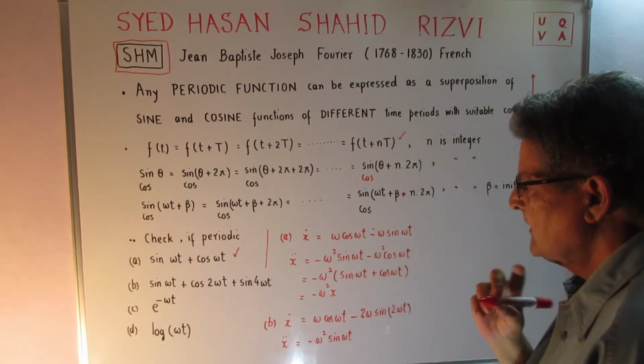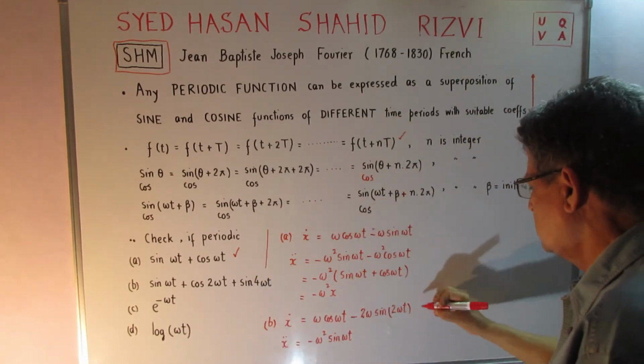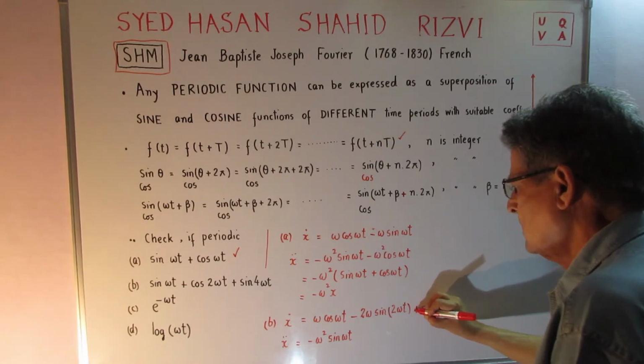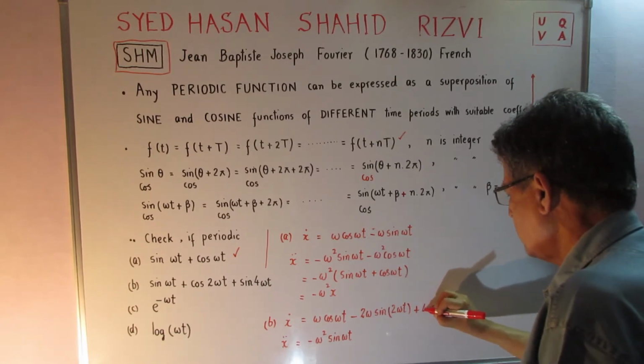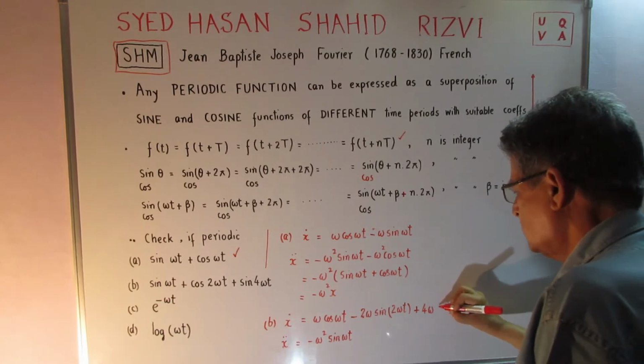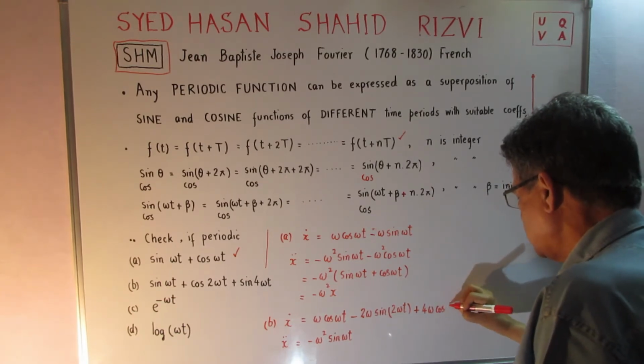I'm sorry, there is one more, plus 4 omega cos of 4 omega t.